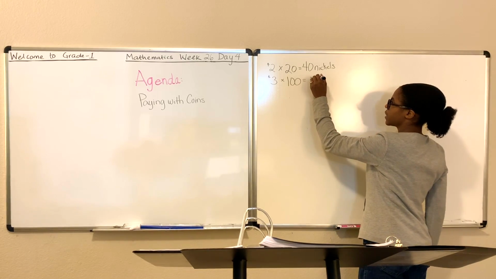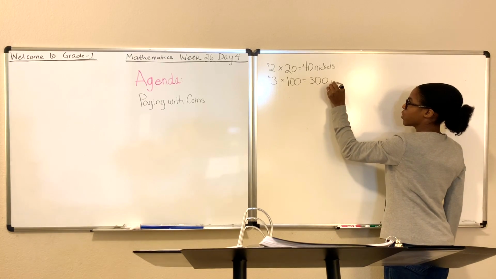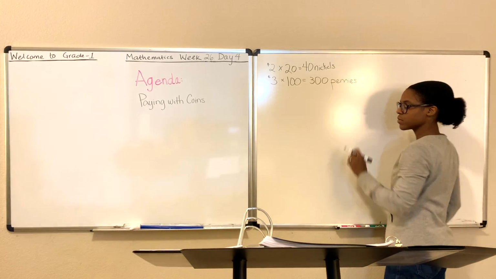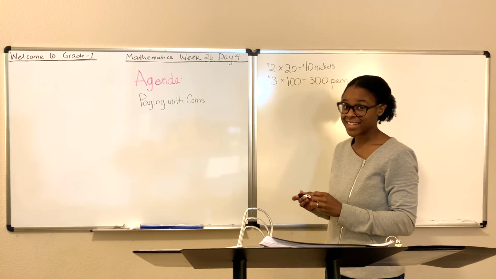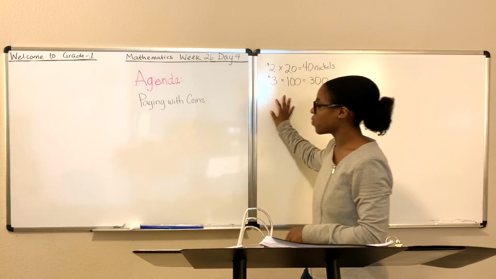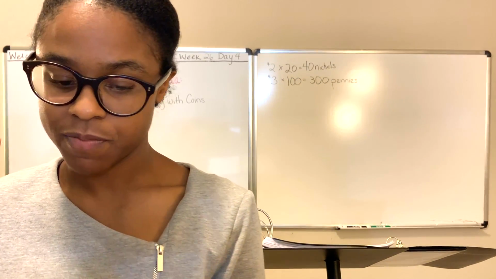There are 2 zeros here. So there's 1, there's the second. We're going to need 300 pennies to buy that cold cereal. That's quite a bit. Okay, so 100 pennies is equivalent to $1. 300 pennies is equivalent to $3.